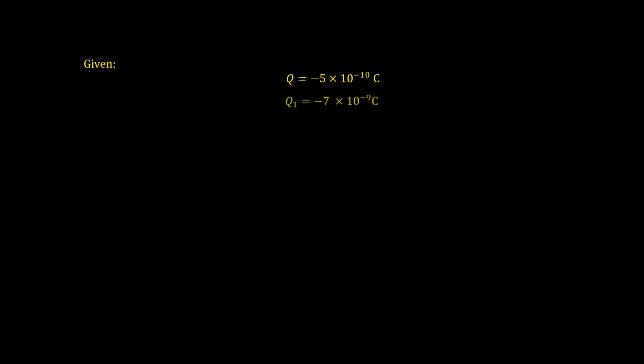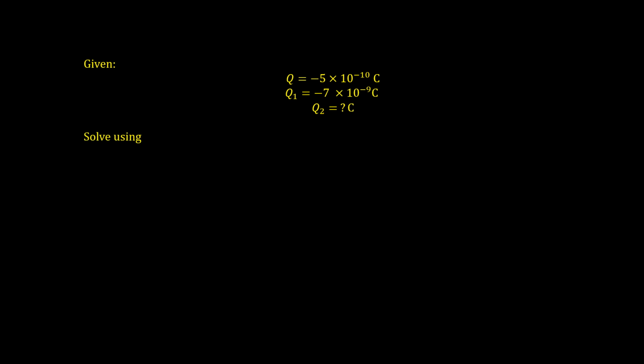We also know the initial charge, before touching, that sphere Z had a charge of minus 7 multiplied by 10 raised to the power of minus 9 coulombs. Let's call that Q1. This means we are looking for the charge on sphere Y. Let's call that Q2. And we want that charge in coulombs.